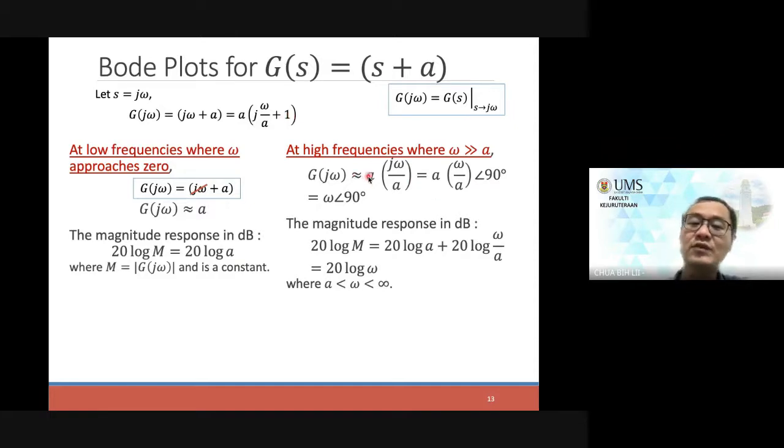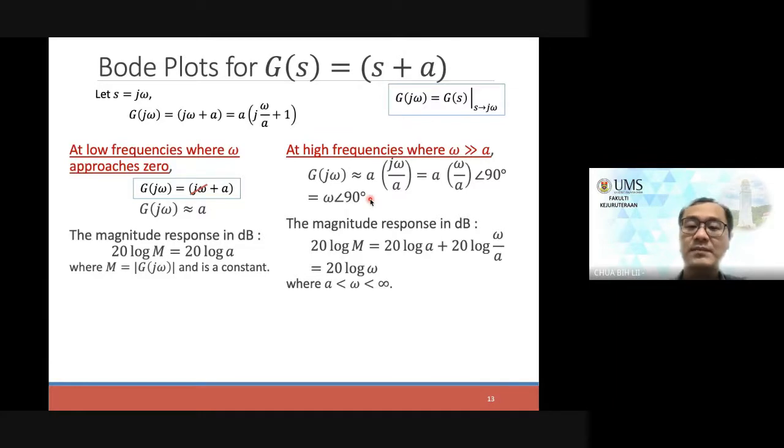So we would say it's near to A j omega over A. In this form, we can write A omega over A, because this j in terms of phase is 90 degrees. Instead of using the imaginary j, we convert this j into the phasor angle, so this j now becomes angle 90 degrees. Therefore, we have omega with a phasor angle of 90 degrees.